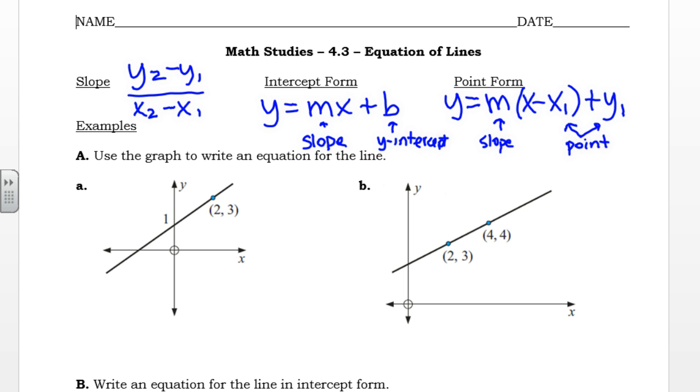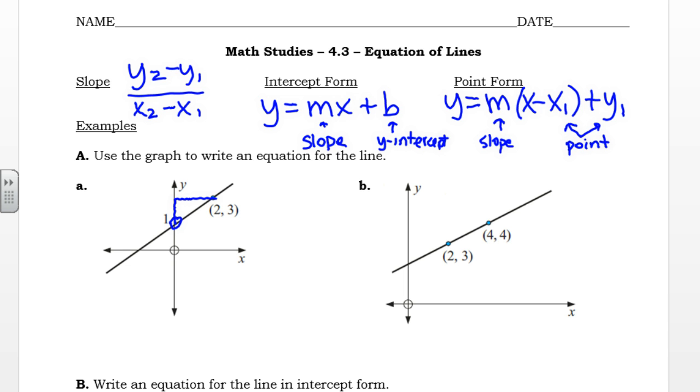So for example A, I have a line and I'm going to write an equation in intercept form. I'm choosing to do that because I have the intercept right here. So I need the slope. Slope is rise over run. In this instance it's rising and then running.